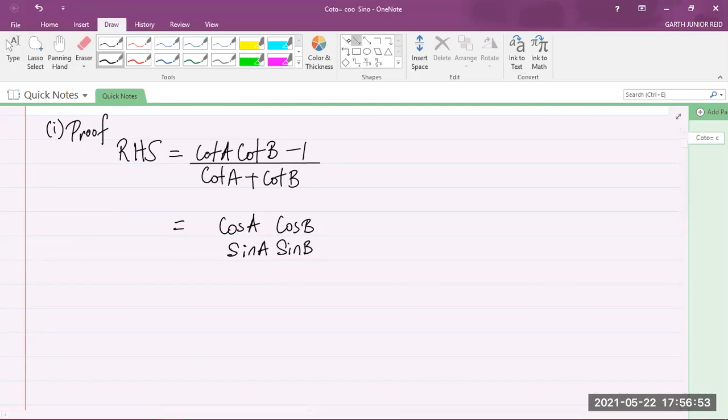So I'm multiplying that, and I will have that there. And then remember, we have the minus 1.